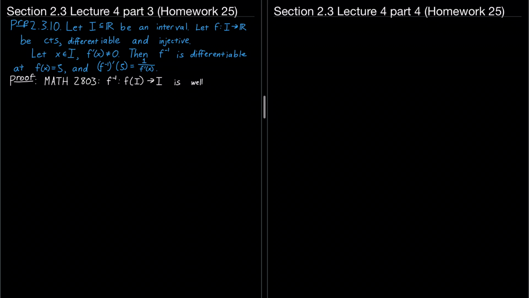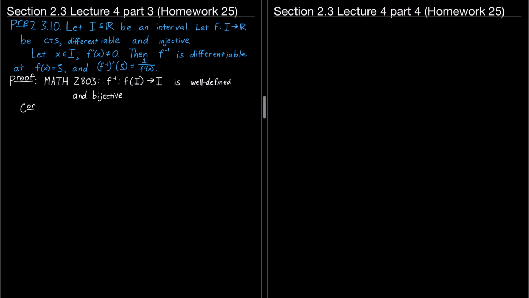It is well defined, and is also bijective. f is injective by assumption. It's bijective onto the image by definition of image. So you learned in 2803, any bijection has an inverse, and the inverse is well defined. That just means it really exists. It's not something that looks like a function, but isn't. It's really a function.